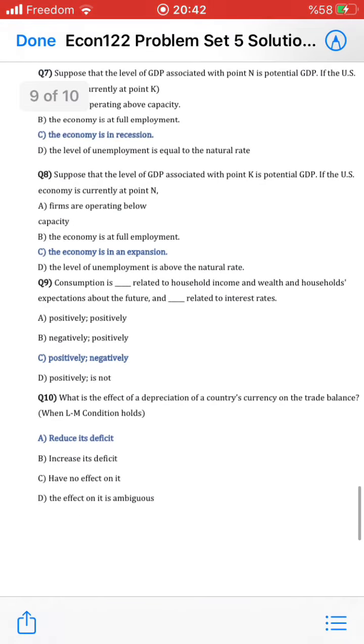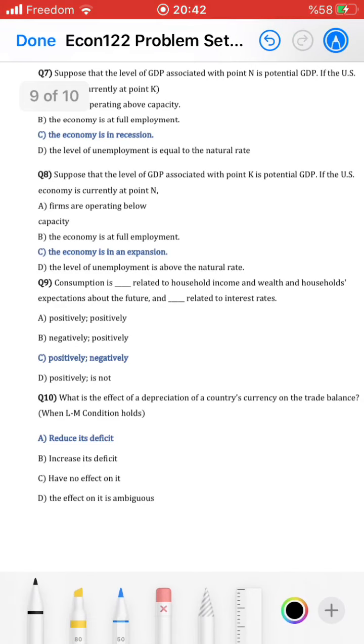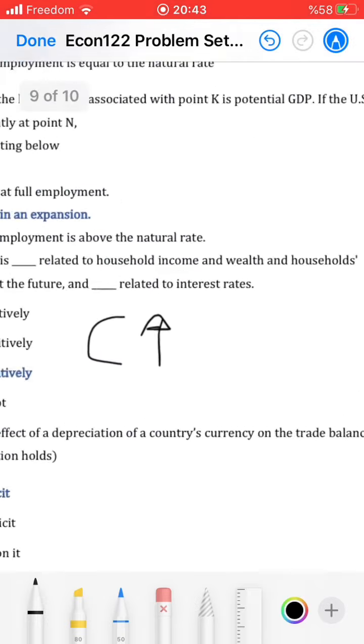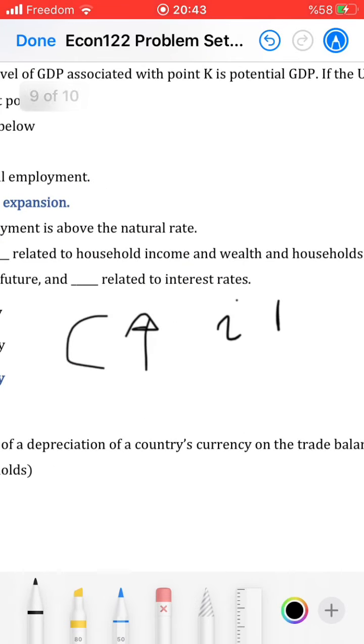Consumption is positively related to household income, because when your income increases, you would want to consume more goods. So it's positively related. And wealth and households' expectations about the future, and negatively related to interest rates. So when interest rate rises, what happens? The banks offer you more money to keep your money as savings.